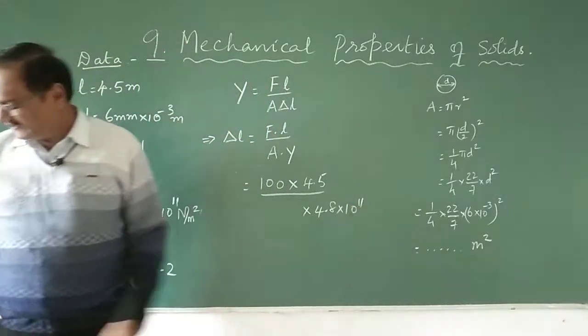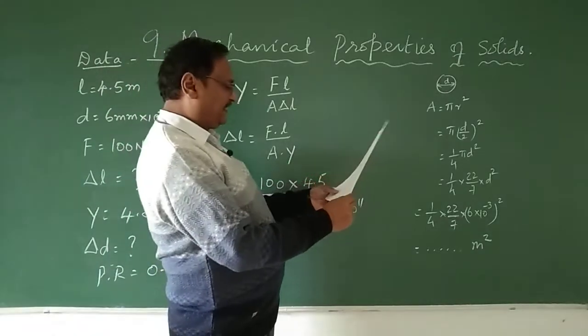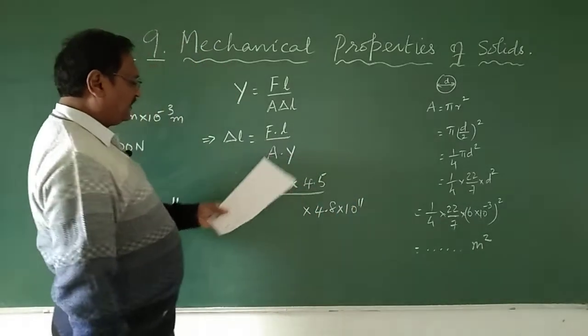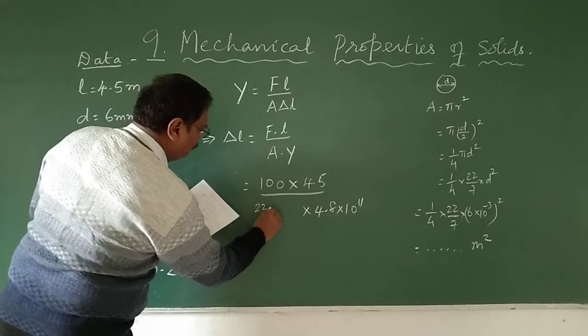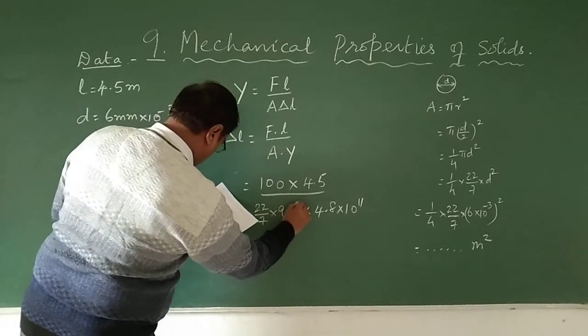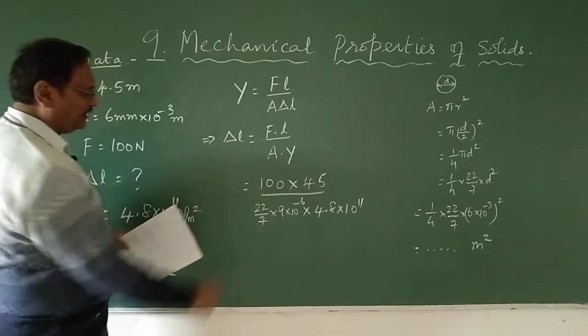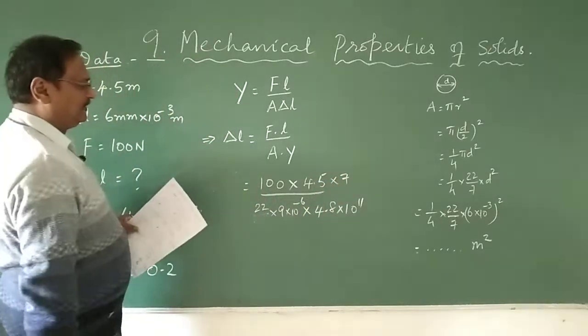I calculated it already, I solved it on paper, and I am substituting that value. I have not taken the area fully, but it is 22 by 7 into 9 into 10 power minus 6. 7 will go up here, and this part is done.